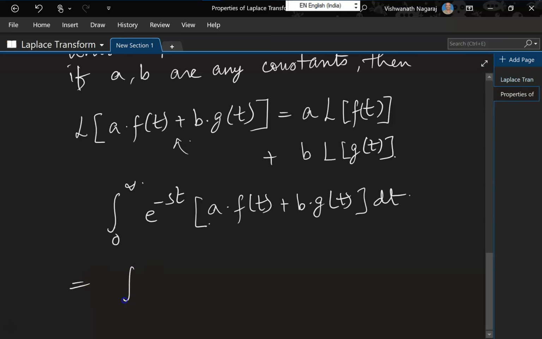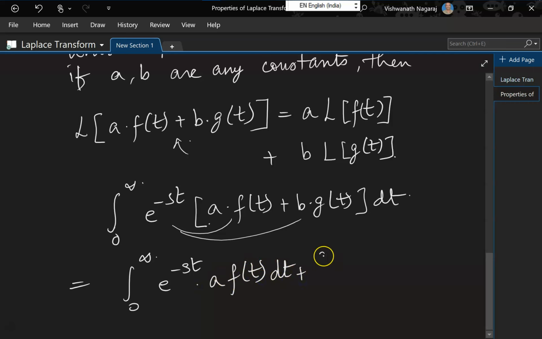So we can say this is equal to, let's distribute this, the integral from 0 to infinity of e to the power of minus st times a f of t dt plus the integral from 0 to infinity of e to the power of minus st times b g of t dt.